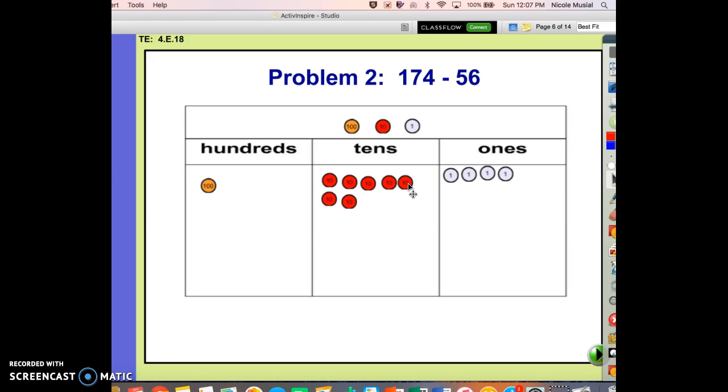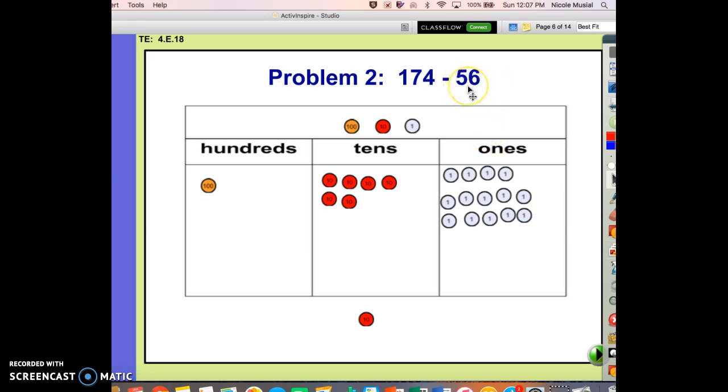So I'm going to take this 10 away and I'm going to replace it with 10 ones. 1, 2, 3, 4, 5, 6, 7, 8, 9, and 10.